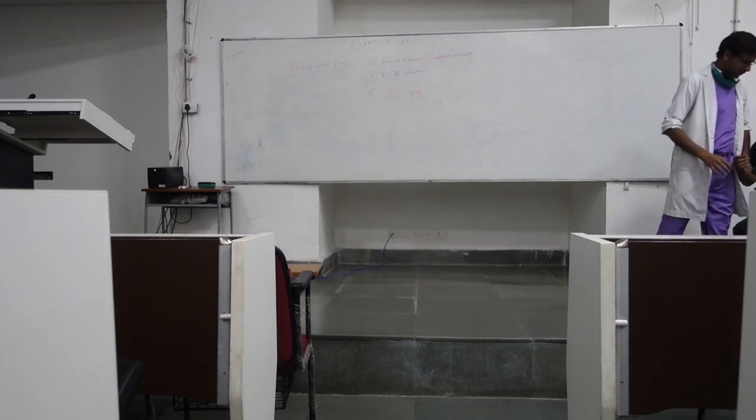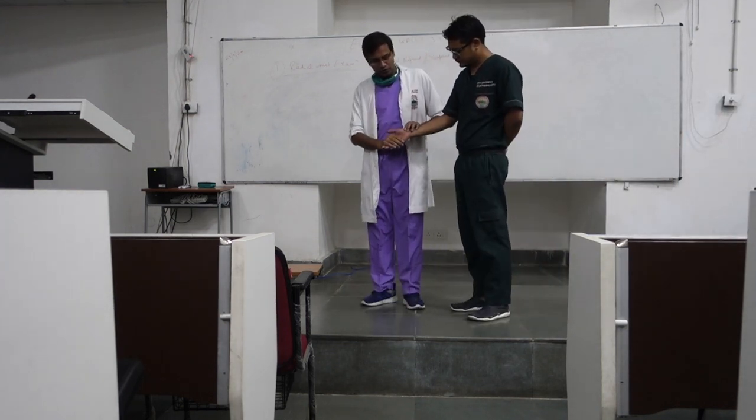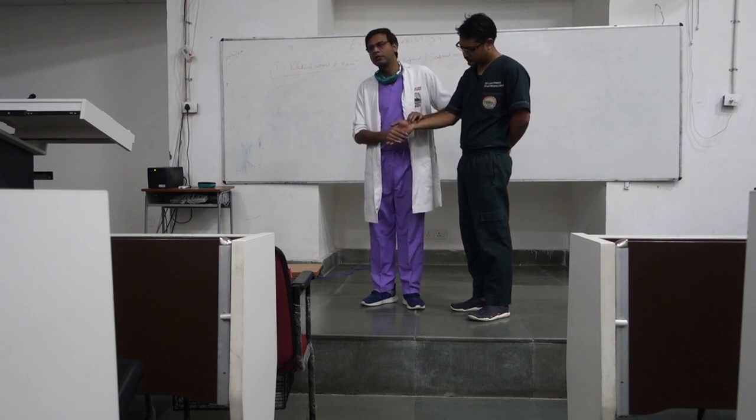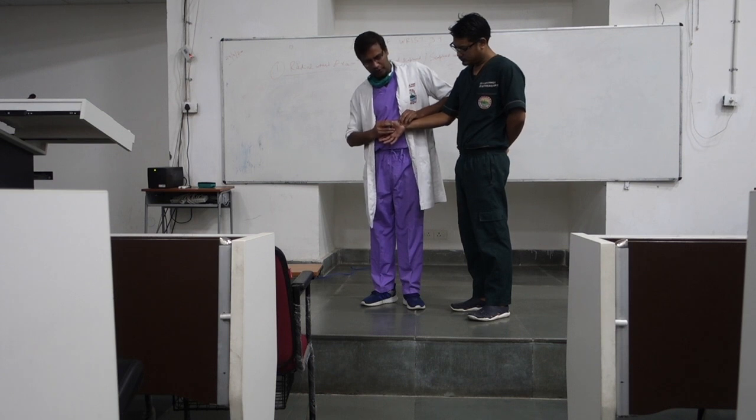What you do, you palpate the scaphoid tuberosity, you go a little bit distally, a little bit radially, and you move the thumb metacarpal. And you try to push your nail deeper.